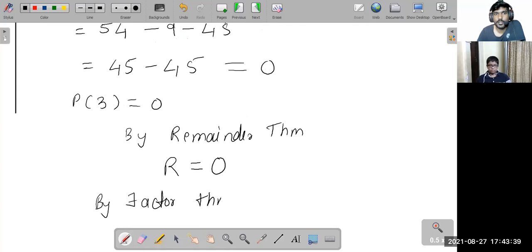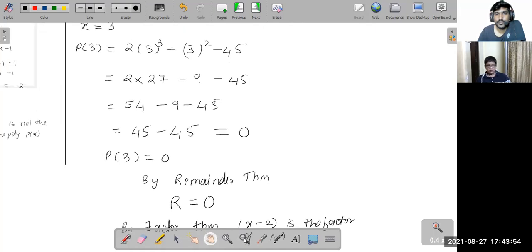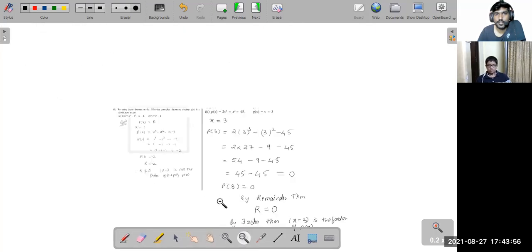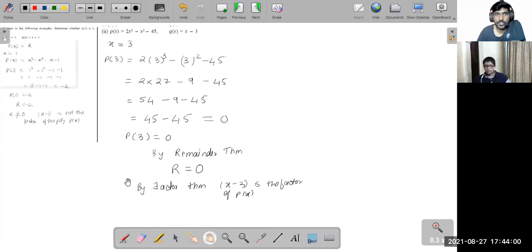By factor theorem, x minus 3 is a factor of your polynomial p(x). Is this clear now? Yes, sir. Did you do the correction? Okay, so I'll move to the next sum then.